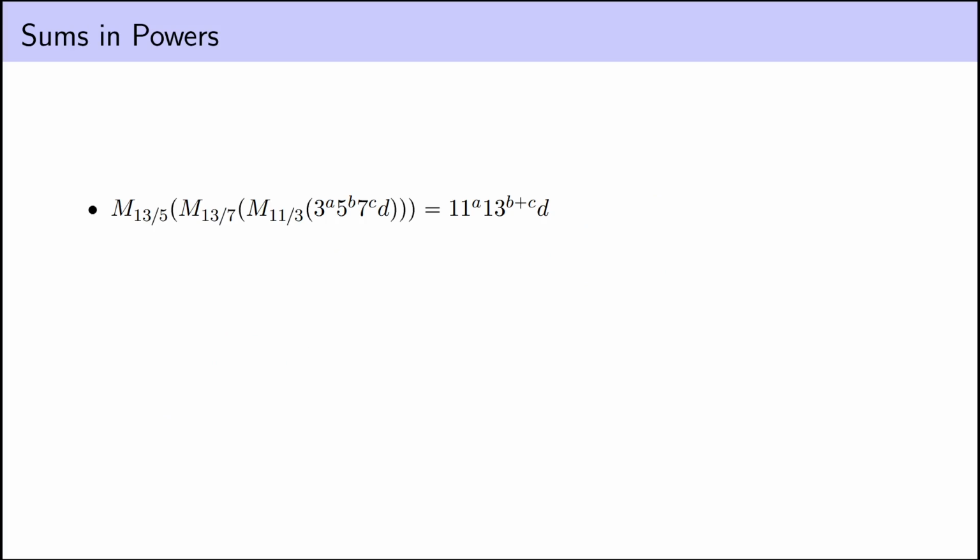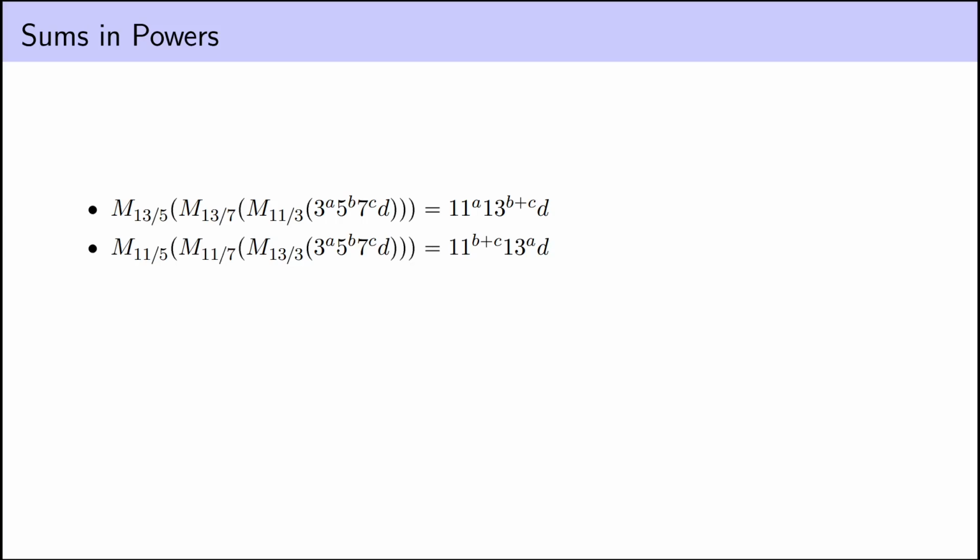So back to Gladstone's proof, suppose that we have some number whose prime factorization contains 3 to the a, 5 to the b, 7 to the c. If we apply m sub 11/3, 13/7, and 13/5, it will turn the 3's into 11's and 5's and 7's each into 13's. The result will have 11 to the a and 13 to the b plus c in place of those original factors.